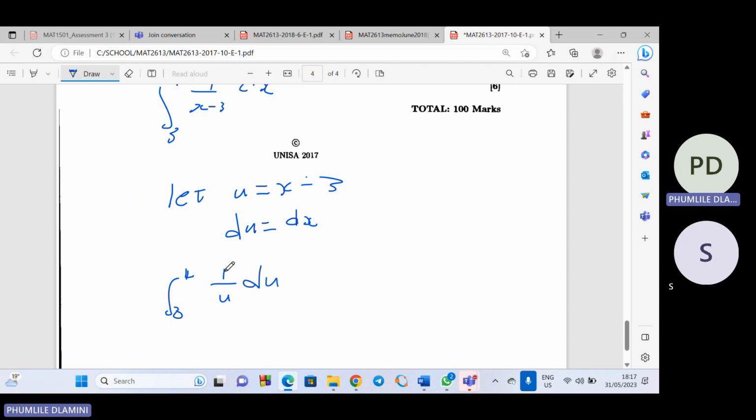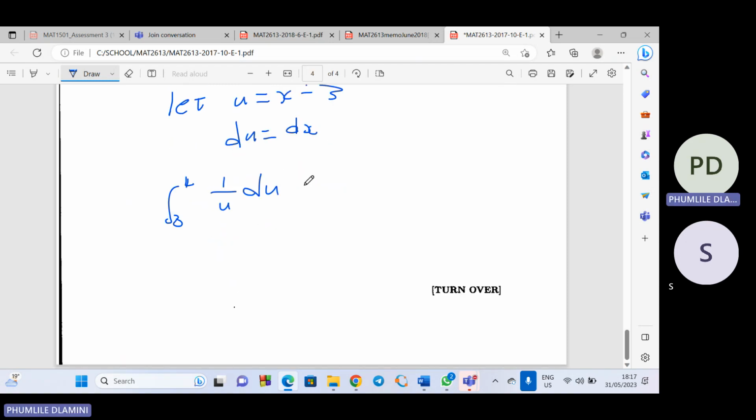Now when you have the integral of 1 over u du, we know that this is going to be a logarithm integral. So we know that the integration of ln equals 1 over x. But this one here you can say is the integral from 3 to 4 of u to the power negative 1 du, which is going to be u to the power negative 2 over negative 2, from 3 to 4.